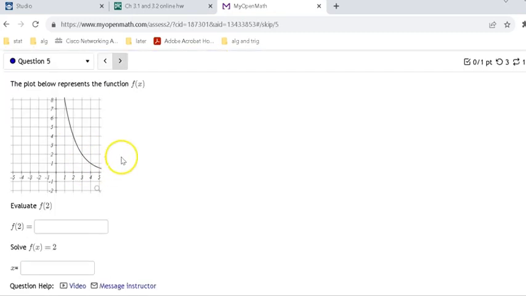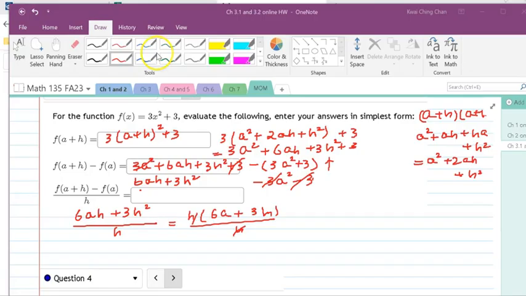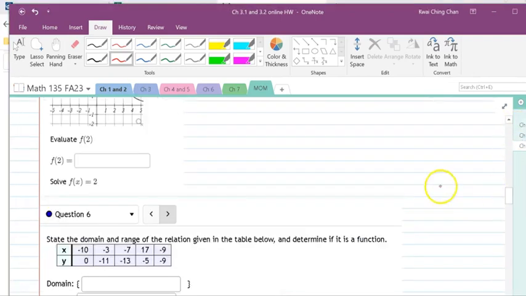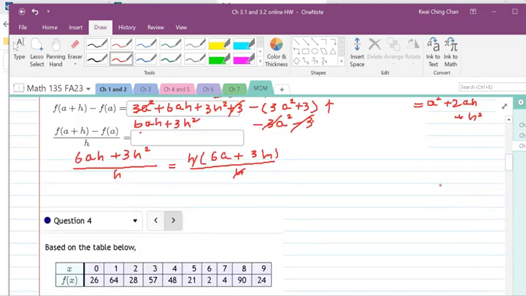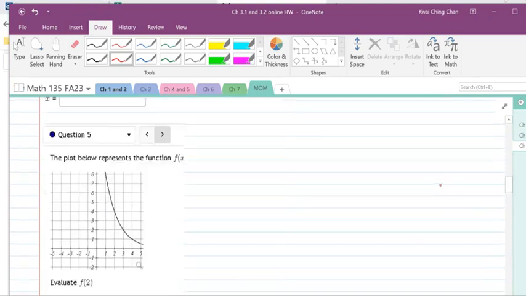Another one, f of 2. So I will look at when x is 2. Okay, go back in the notes. So we did this already.